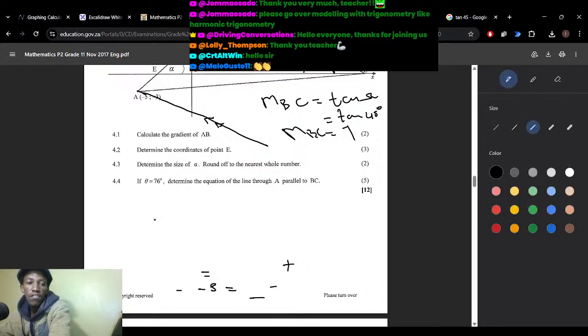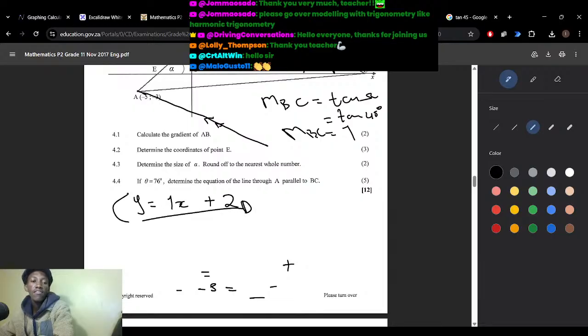Alright. So now we know for a fact that the equation is 1x plus 2. Right. So this is the equation, or rather the answer, of 4.4.